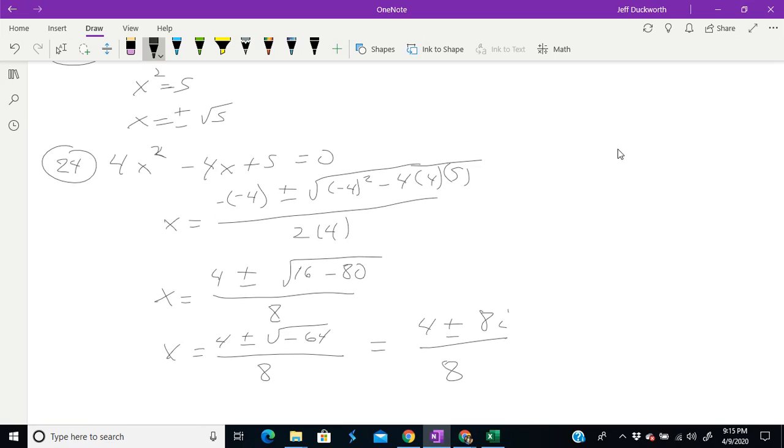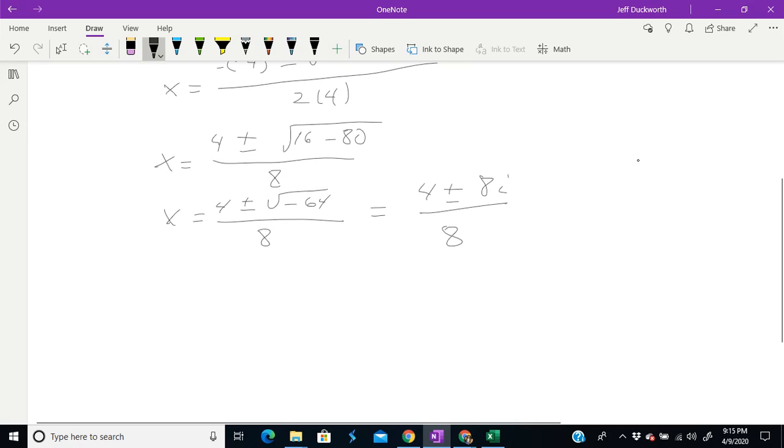So they want standard form, so scroll down further. So x equals, I've got 8 here, and I've got 4 and 8, so that's going to be just 4 over 8 plus or minus 8 over 8i.